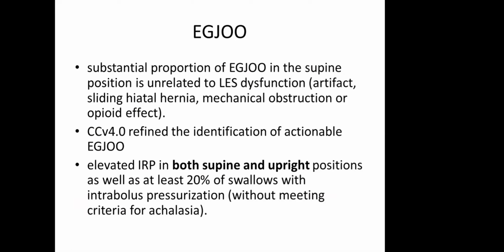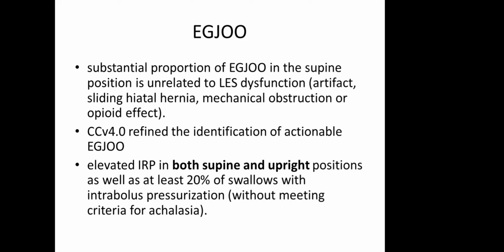So how do we resolve this discrepancy, where an asymptomatic patient has a manometry that shows EGJ outflow obstruction? They introduced other things to help you in the diagnosis, because there are a lot of explanations why a patient shows an EGJ outflow obstruction pattern in manometry. It could be artifact, a hiatus hernia, some mechanical obstruction, or opioid effect.